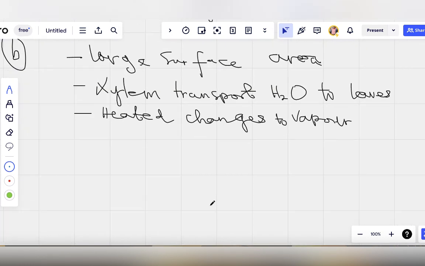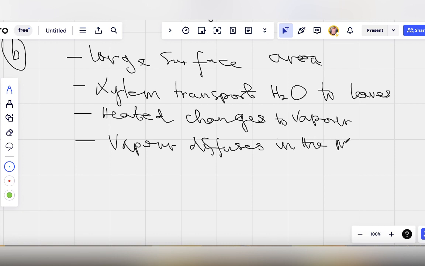Now the vapor diffuses in the mesophyll cells of the leaf.